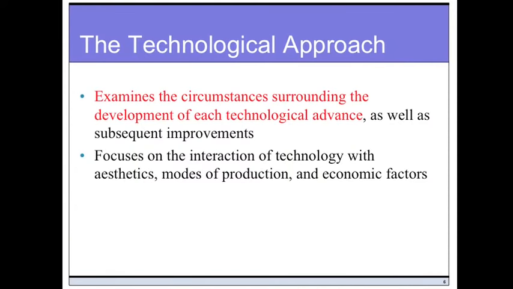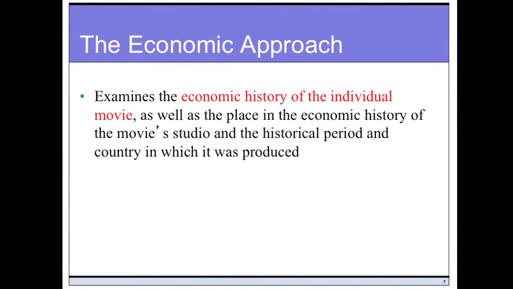The next one is the technological approach, and basically this examines the circumstances or the time period that the movie helped catapult technological advances in the film industry. So it focuses on the interaction of technology within the film, as well as the aesthetics of the technology, economic factors, that sort of thing.